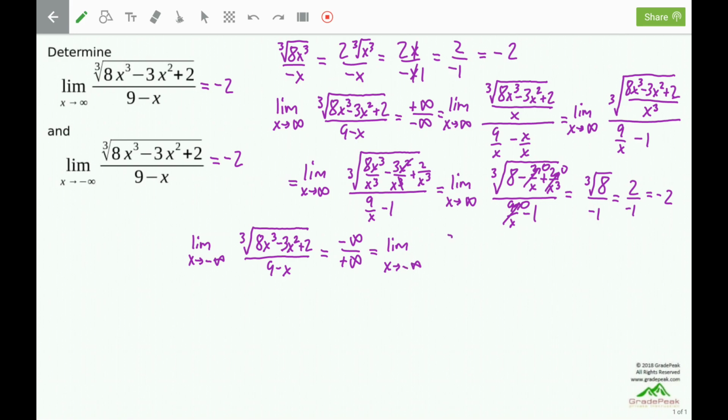So we will divide the entire cubed root in the numerator by negative x to the first power, and then each term in the denominator by negative x to the first power.